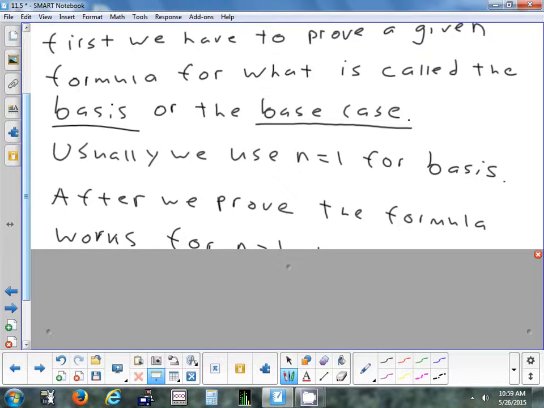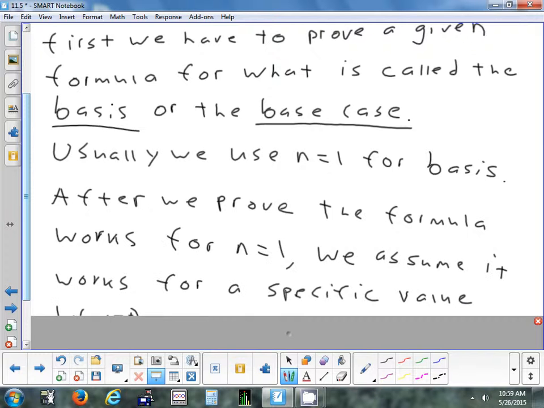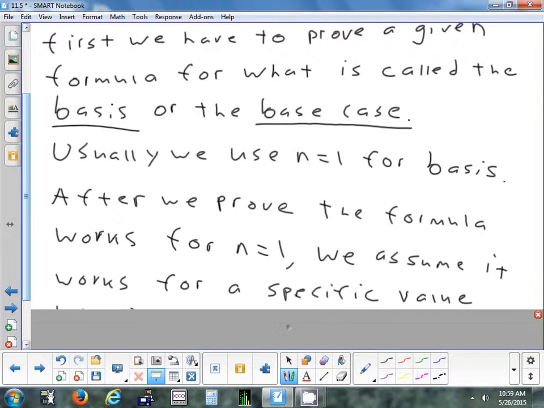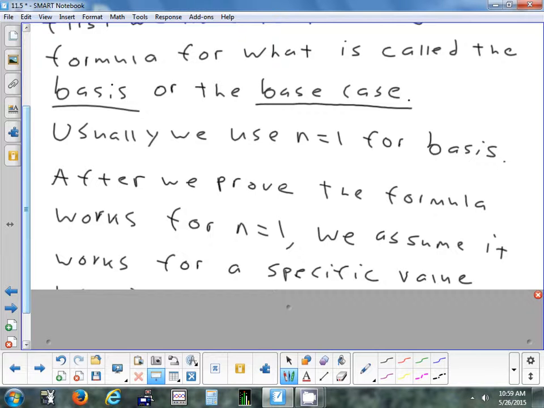Now the next step, some people have a little bit of trouble understanding or accepting why you can do this. After you prove it works for the base case, you're allowed to assume that the formula would work for any specific value up to k. Basically, we could check it for n equals 1, n equals 2, n equals 3, n equals 4, as high as we want. But we're not going to keep checking it. We already checked it for 1, and it worked.